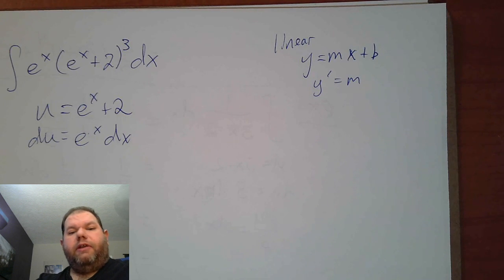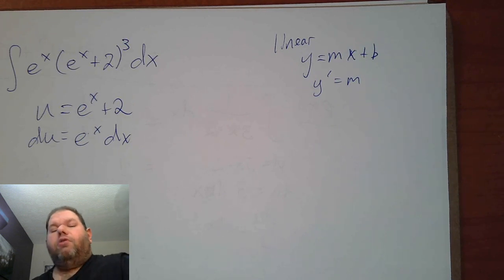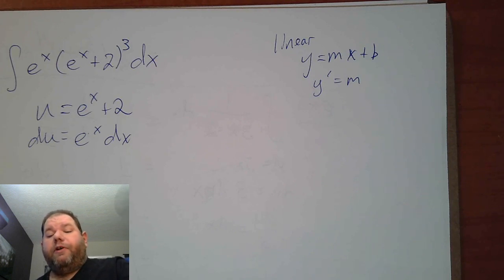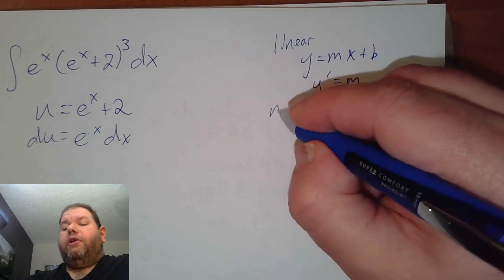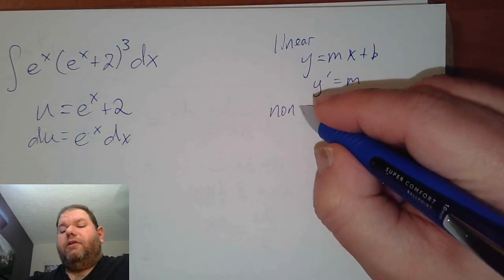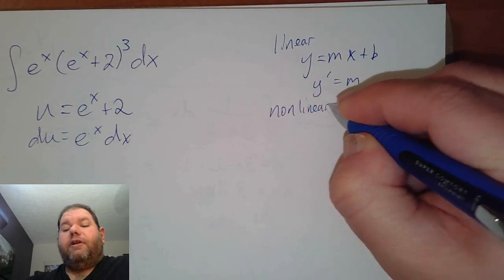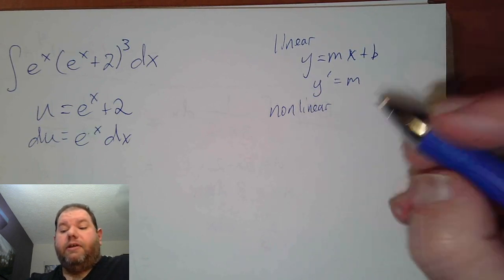Now, for a linear line, the derivative is the slope, but for a nonlinear curve, the derivative is no longer just a single value, it's a changing value. Okay, so nonlinear is basically anything else beyond that.